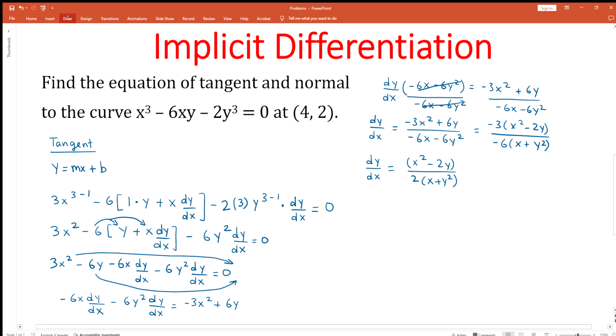Now we can use this expression to find the slope of the tangent to the given curve at the point 4, 2. We should sub in x as 4 and y as 2 in this expression for dy over dx to find the slope of the tangent line.